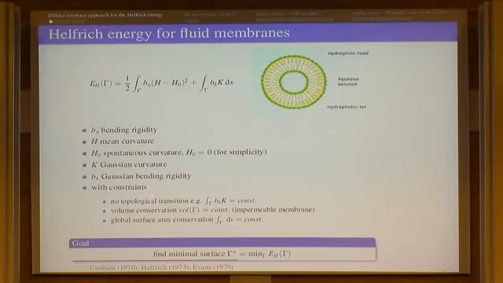For example, we have volume conservation due to the impermeability of the membrane, where we say the cell interior is constant. And of course, we have a global surface conservation, where we say that the surface area is also constant. And then the goal is that these vesicles, supposed as the surface, minimize this energy.